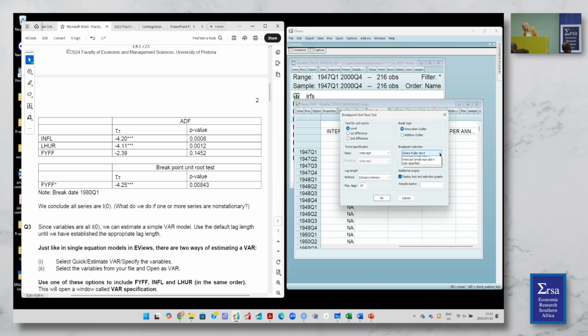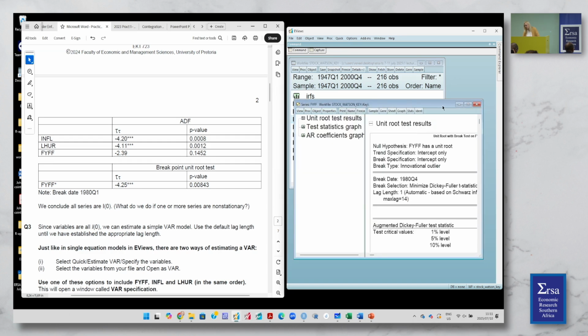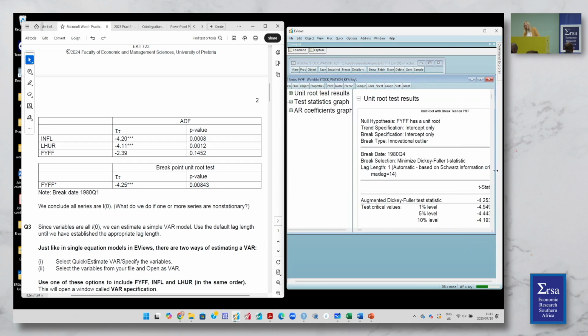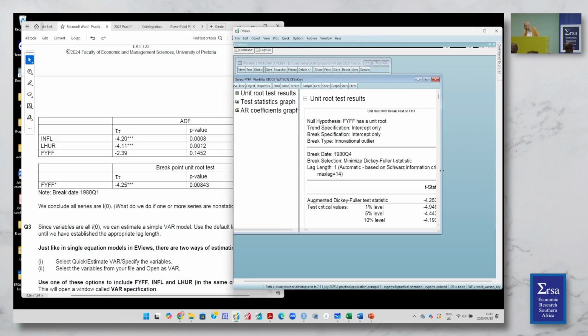And here you also have the option to specify a user-defined break. In this case, I just use the defaults, and if we use that, and now my font is quite large, maybe I must just show this.